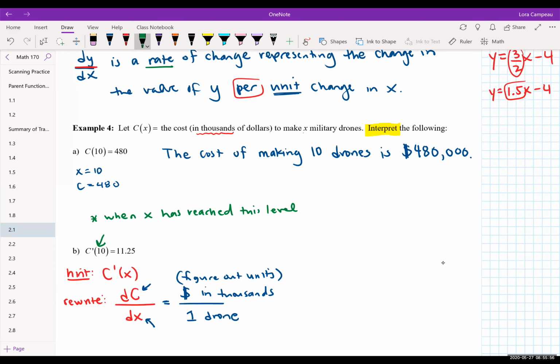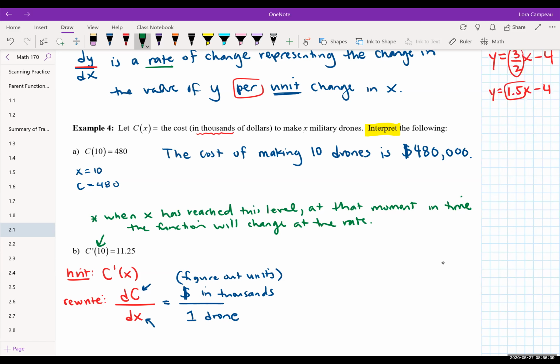So as x has reached this level at that moment in time, this is where instantaneous comes into play, but I'm just going to leave it. We'll inspect it more. At that moment in time, the function will change at that rate. Just a generic idea of what's happening.